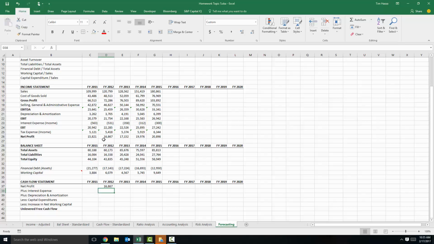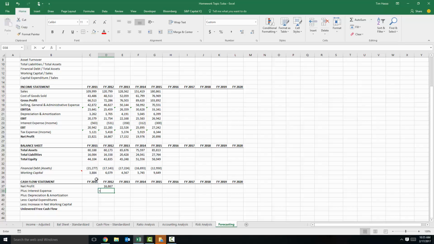We would add back interest expense. However, our interest expense is on row 23, so D23. However, this is before tax, because you can see that interest expense is before we take out tax. What we want to add back on the cash flow statement is the after-tax interest expense.